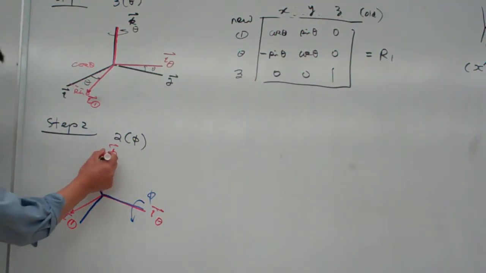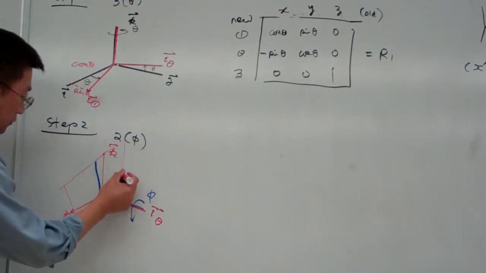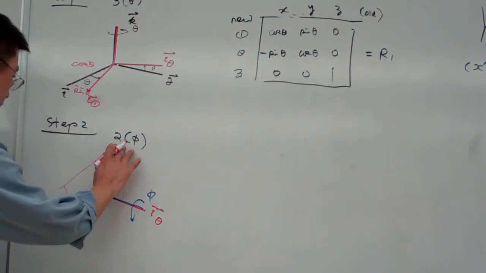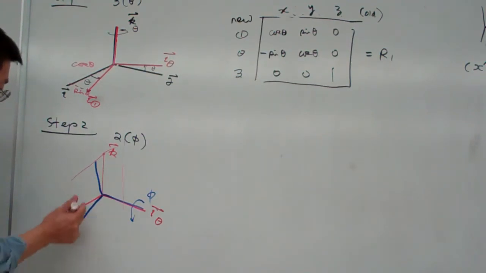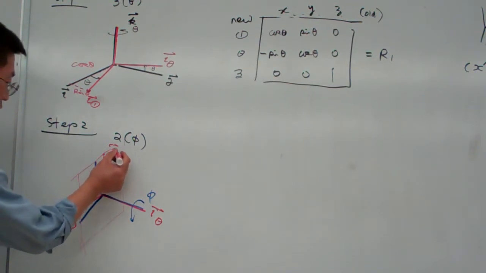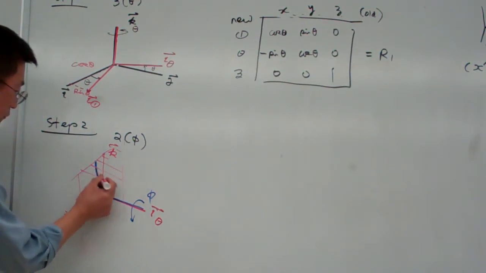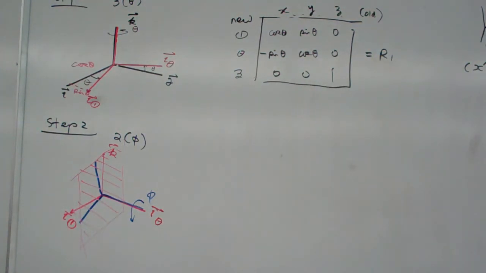So let me build up this one. So that is a plane about which we rotate, so this is this plane. So hopefully you know this is the i theta axis.